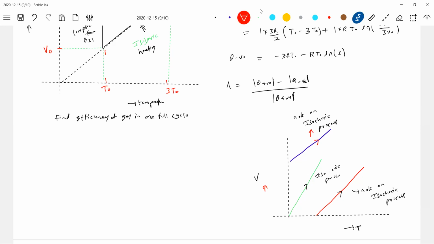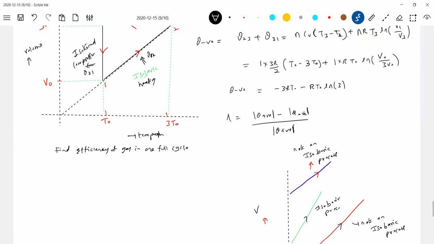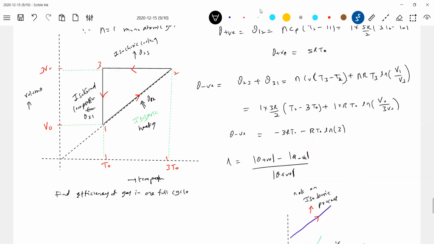Isobaric it is, not an isochoric process, so you should be careful. A straight line in a VT graph passing through the origin is what? Isobaric process. Agree with this?